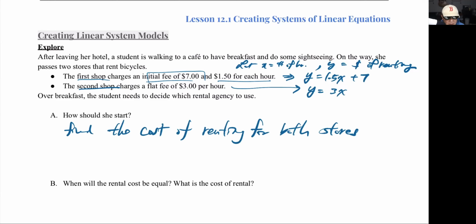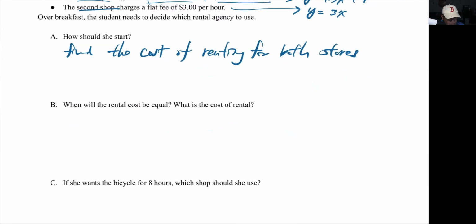Now the question is asking, when will the rental cost be the same, and what is the cost of the rental? So what we need to do is set the equations equal to each other. It appears that I probably should have given part B more space, so just be aware of that. Part one is: when is y equal?